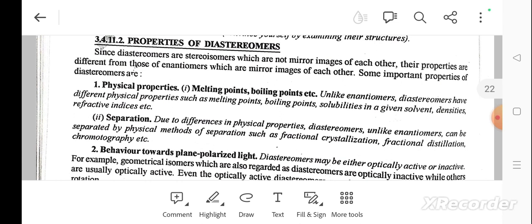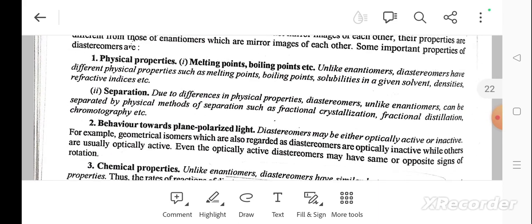First, physical properties. Unlike enantiomers, diastereomers have different physical properties such as melting point, boiling point, solubility in a solvent, density, refractive index. Separation. Due to the difference in physical properties, diastereomers, unlike enantiomers, can be separated by physical methods of separation such as fractional distillation, fractional crystallization, chromatography.